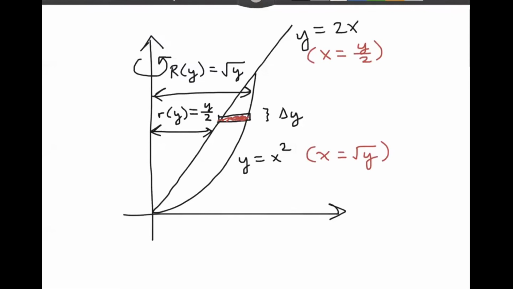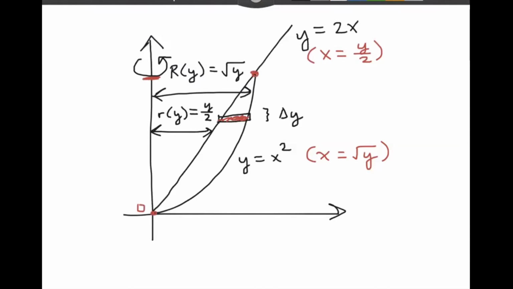So the outer radius, big R of y, is going to be the square root of y, and the inner radius, little r of y, is going to be y over 2. And the limits of integration will be 0, remember, these are y values, up to the point of intersection of these two curves.